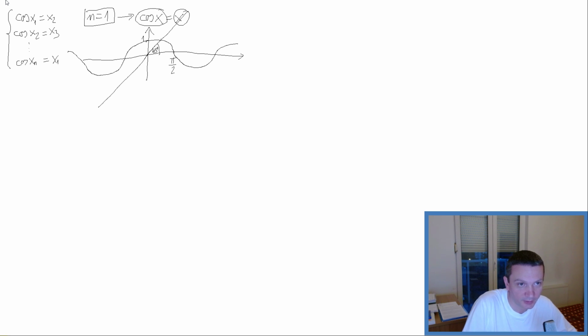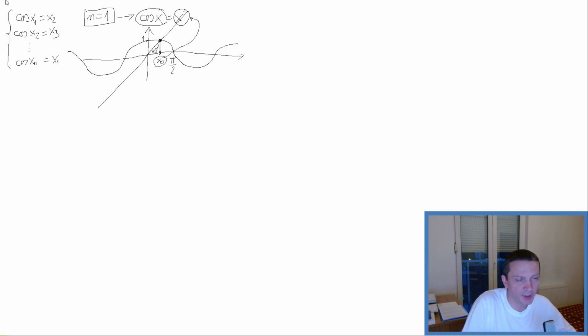And so those graphs intersect only at this one point, and this x0 coordinate is actually the only solution of this equation.